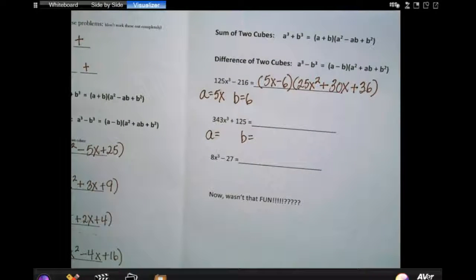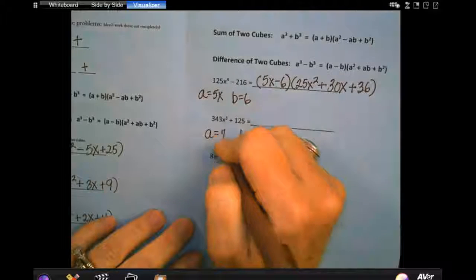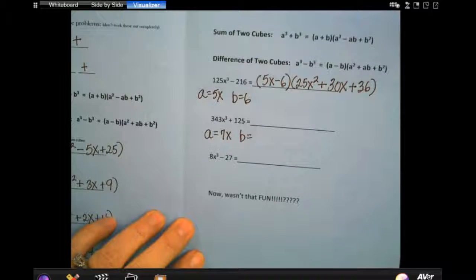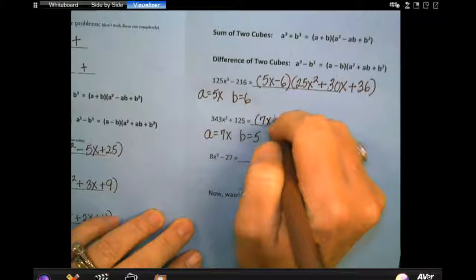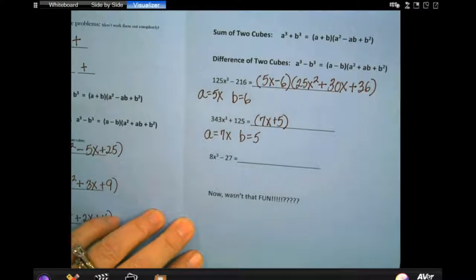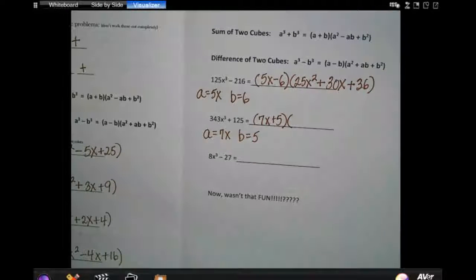So what's my A? What number raised to the third power is 343? 7, but I have an x also, right? And then what number raised to the third power is 125? So I have 7x plus 5. Now I'm going to take A squared.